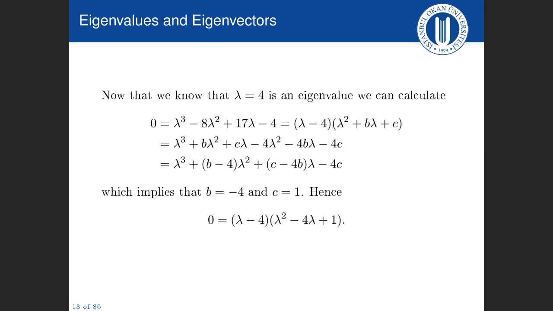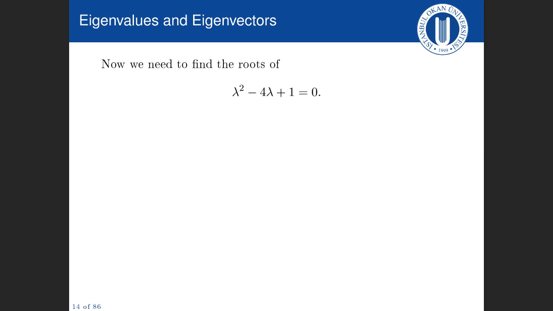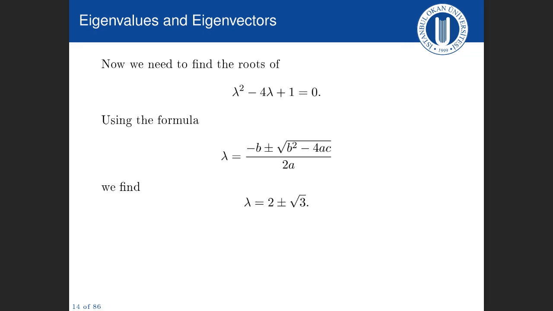We need to find the roots of this quadratic equation: lambda squared minus 4 lambda plus 1 equals 0. And we know how to do that. We have a formula that we learned in high school: lambda is minus b plus or minus the square root of b squared minus 4ac, over 2a. Here, a is 1, b is minus 4, and c is 1.